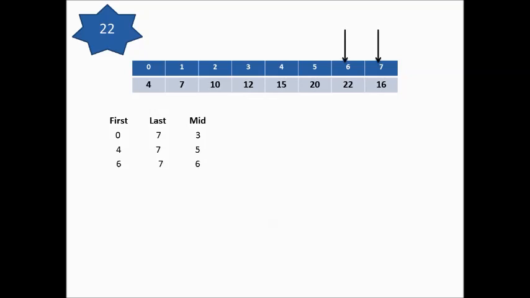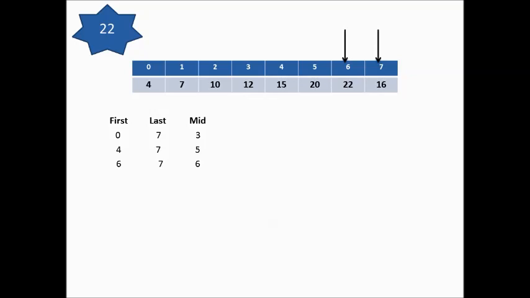So clearly 22 is not at position 5, it is greater than the 20, which is at position 5. So because of that, first becomes mid plus 1, so first becomes 6, last stays 7, and mid is 6. 6 plus 7 is 13 divided by 2 gives you 6.